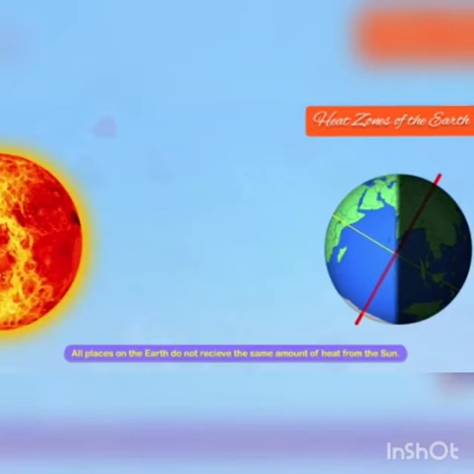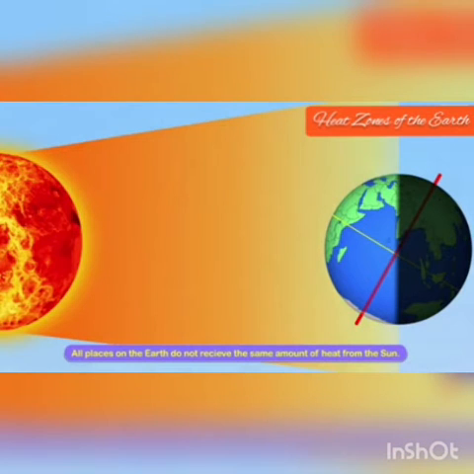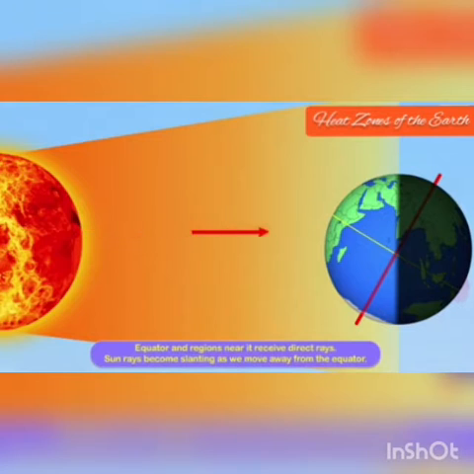Naturally, all places on the Earth do not receive the same amount of heat from the sun. While the equator, the regions near it, receive direct rays, sun's rays become more and more slanting as we move away from the equator and towards the poles.